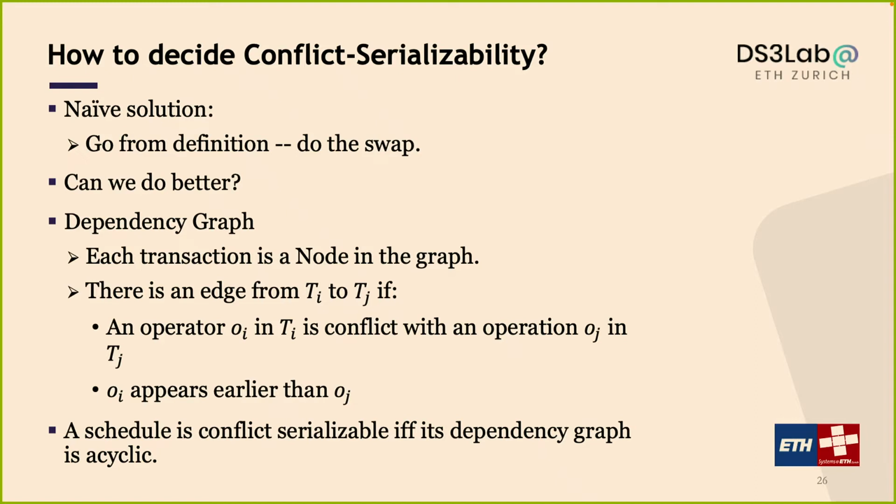I construct the graph, and I see whether there's a loop in the graph. A schedule is conflict serializable if and only if its dependency graph constructed in this way is acyclic.